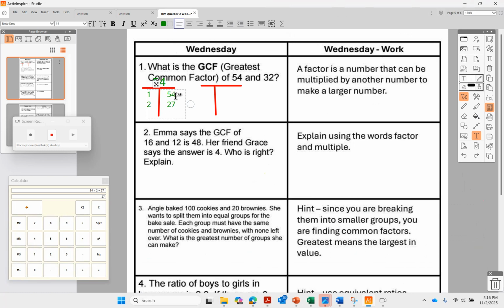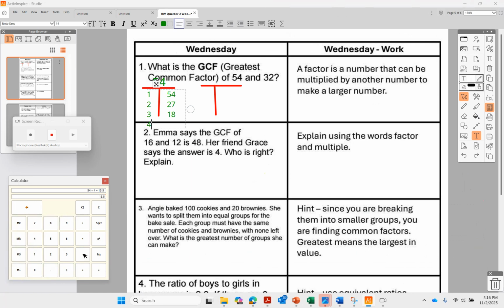Okay, does 3 work? So let's see. 54 divided by 3 is 18. So 3 times 18. Let's see if 4 works. 54 divided by 4 is 13.5. 4 does not work. 5 does not divide into 54.